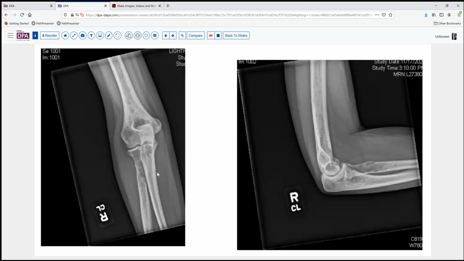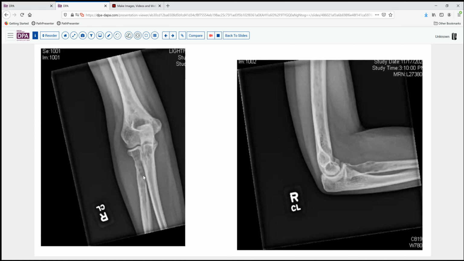Now, as we look at these x-rays, we see that the striking abnormality here is actually the fact that there seems to be abnormalities in several of the bones. So looking here at her distal humerus, we see there's a degree of mottling in the marrow spaces, some variability in staining within the medullary cavity that makes it look non-uniform.